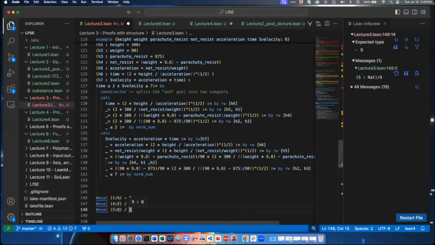Oh, it's still taking, can I do 5/9? No, same thing. Well, I'm struggling to do it on the fly. We have 10 minutes left. I want to stay on track.